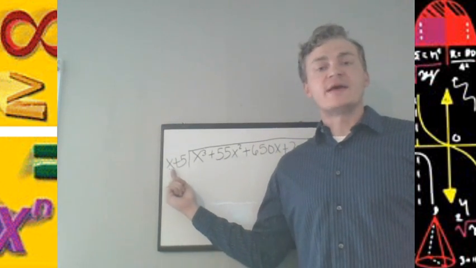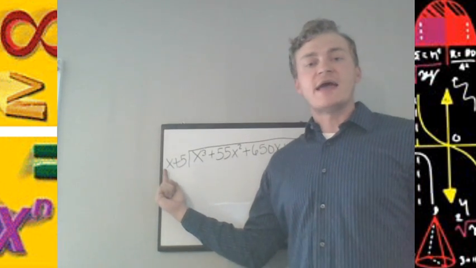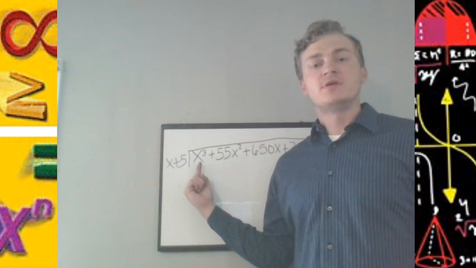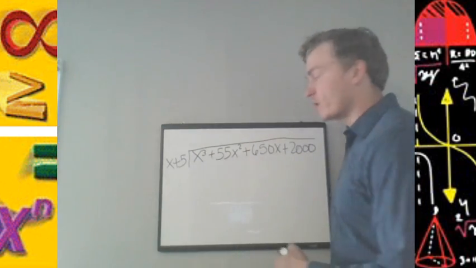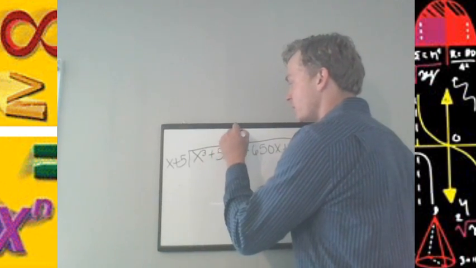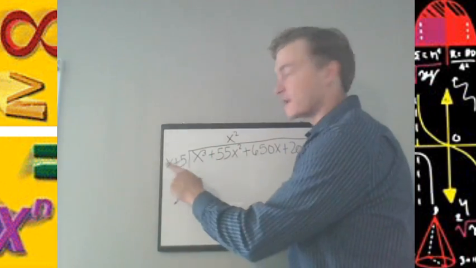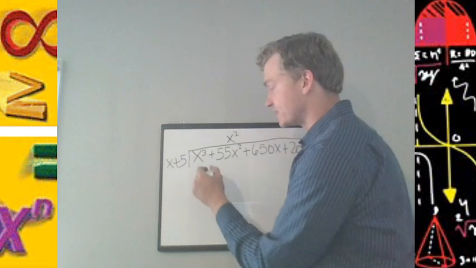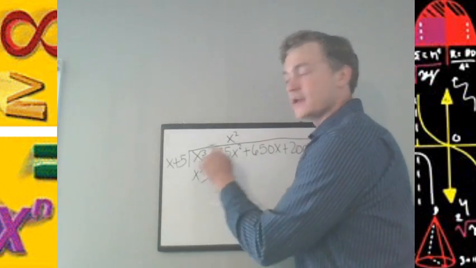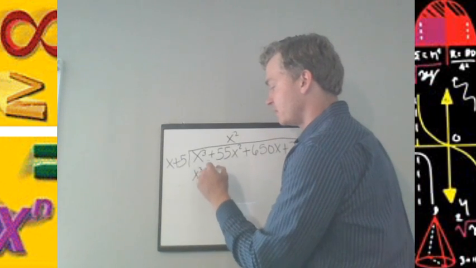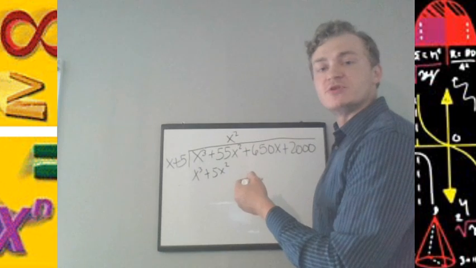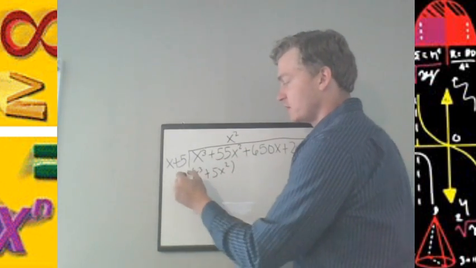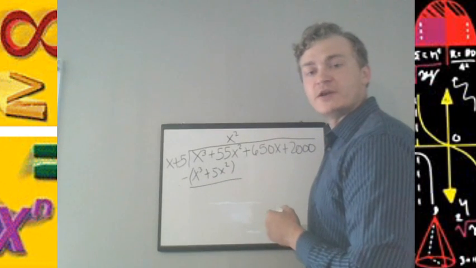Looking at the first term x and the first term x cubed, x will divide into x cubed how many times? X cubed divided by x is x squared. Multiplying x squared to x plus 5, x squared times x is x cubed. X squared times positive 5, positive 5x squared. Division is repeated subtraction, so we will subtract and continue to find a remainder.